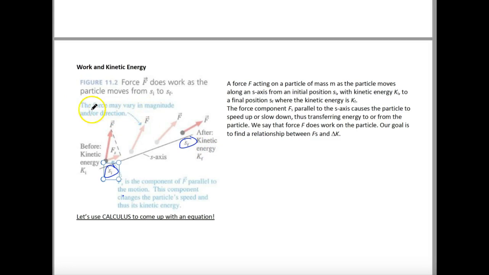So do remember that the force may vary in magnitude and or in direction, and because of that, remember work is equal to force times some sort of change in position times the cosine of the angle. So if your angle is 90 degrees, notice that no work is being done because the cosine of 90 is 0. If the angle is 0, then there is a full amount of work being done because the cosine of 0 is 1.